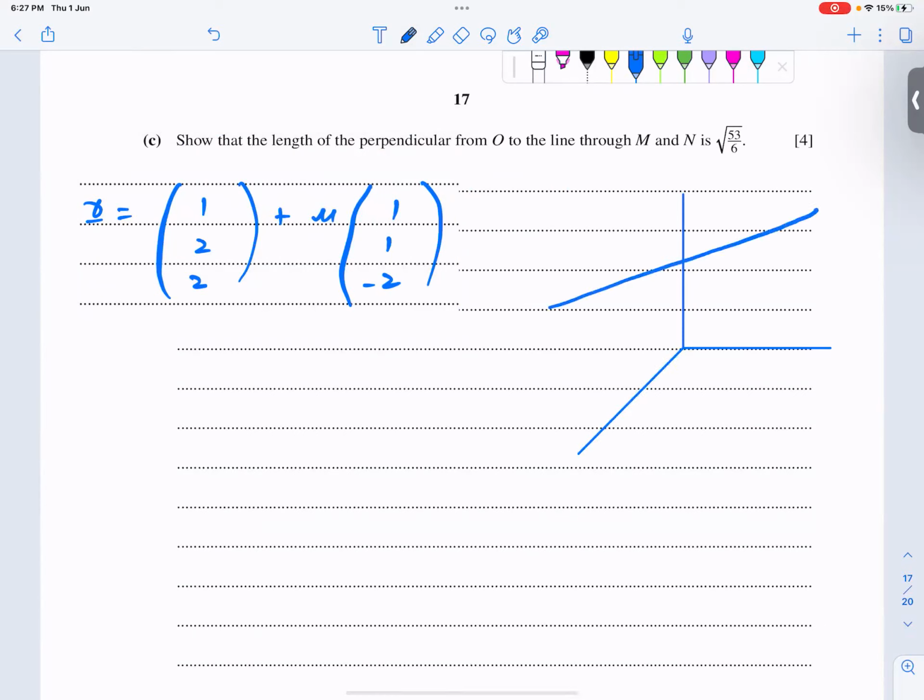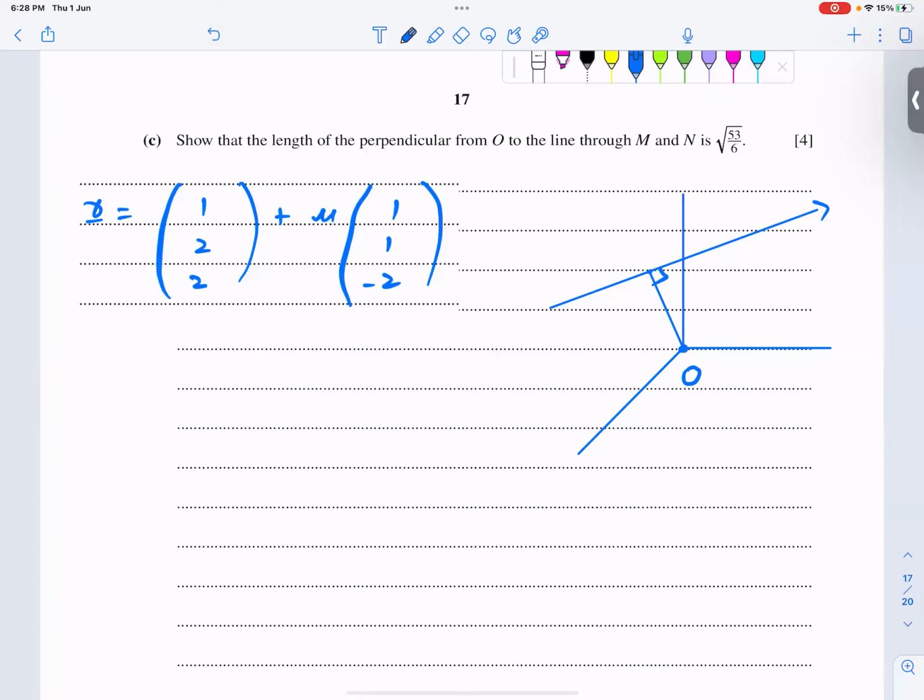So let's say we have this line, and show that the length of perpendicular from the origin. So this was the starting point of that perpendicular. Okay, from the origin to the line through M and N. Forget about M and N. We just need to draw the perpendicular from O to the line. Okay, this is the simplest thing.